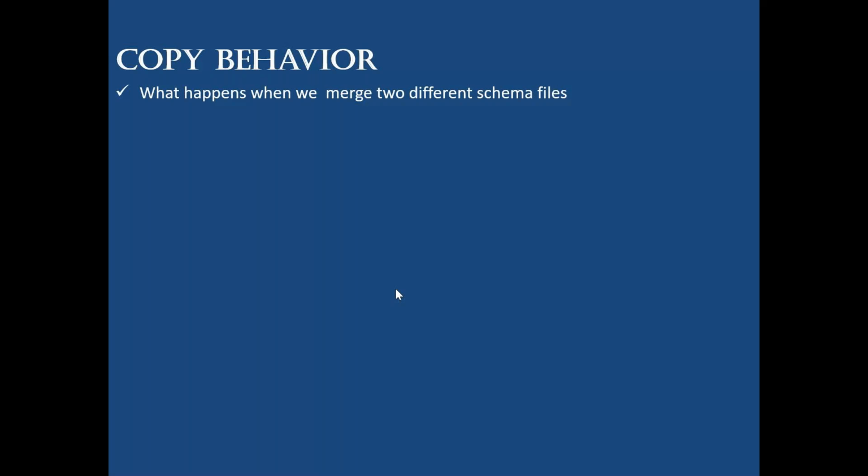What happens when we merge two different schema files? Remember, it will consider the old file schema out of the root and the subfolder. For example, you have a cust file and a cust one file. When you are merging the cust and cust one files, the cust file is the first file, and cust one is the file which came latest.